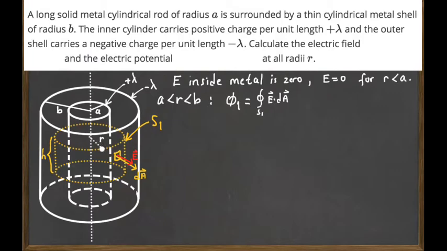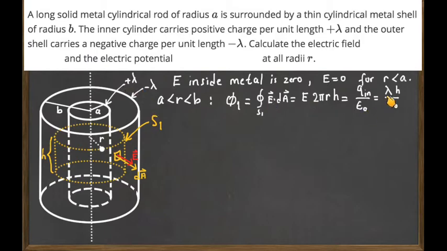So the only flux contributed is coming from the side area of the cylinder, and it is just the strength of the electric field times the side area of the cylinder, which is 2 pi r times h. And by Gauss's law, this flux must be equal to the charge inside divided by epsilon 0. Since the height of the cylinder is h, the amount of charge which resides inside this Gaussian surface is just h times lambda.